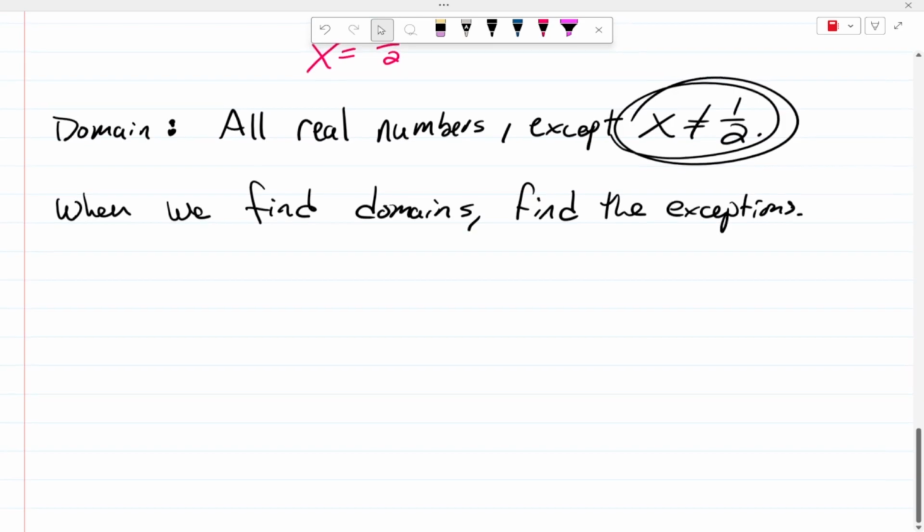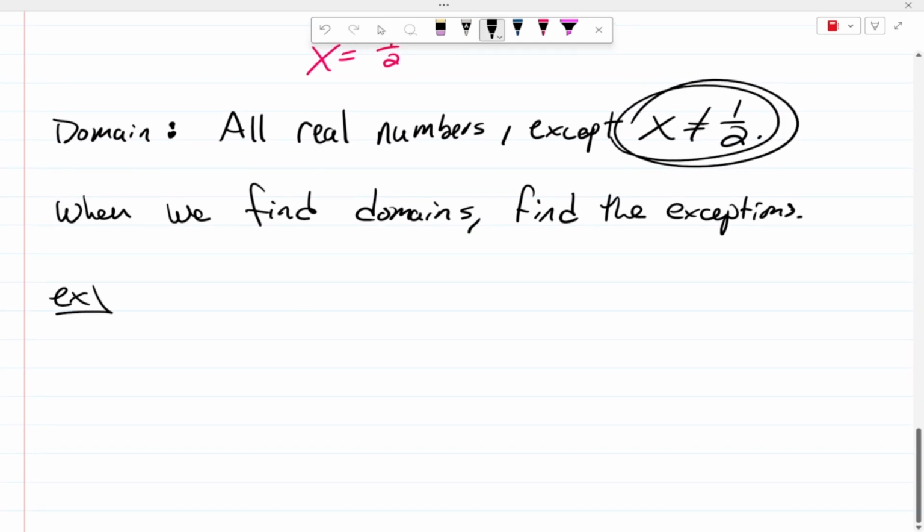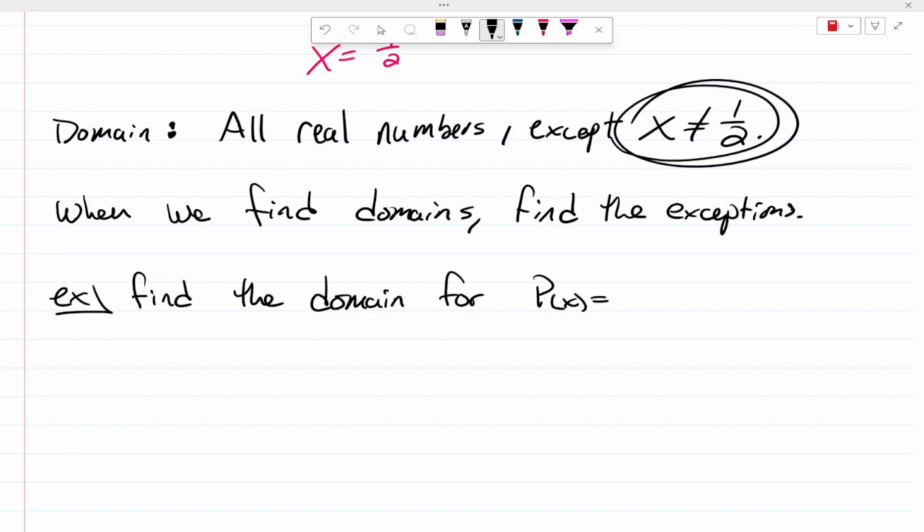So here's another example. How about let's find a domain for the square root of, you know what, let's make this prettier. 7x minus 14, and you'll see why I want to make it prettier here in a second.